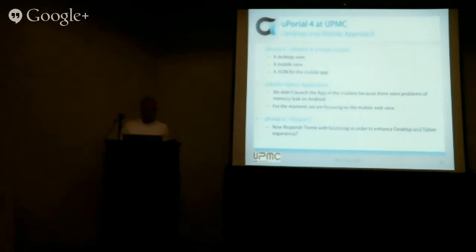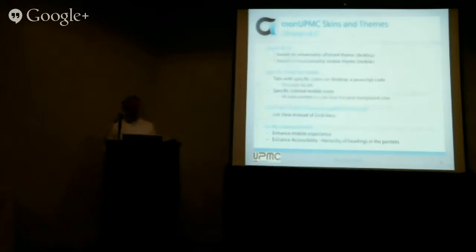And for the moment, we are focusing on the mobile web view. We are interested in the new responsive theme with Bootstrap in order to enhance desktop and tablet experience.